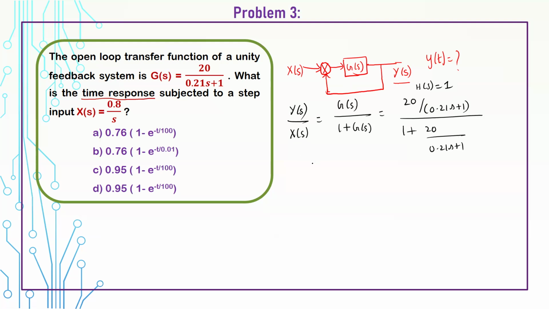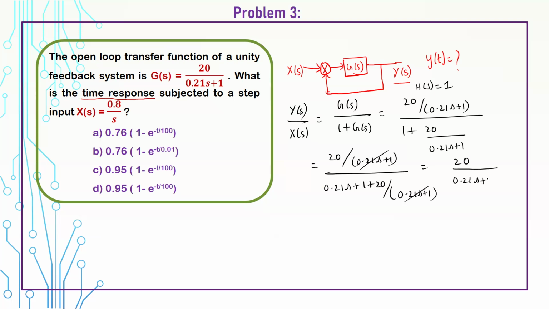By rearranging, 20 by 0.21 s plus 1, whole divided by 0.21 s plus 1 plus 20 by 0.21 s plus 1. So in the numerator and denominator, this whole term will get cancelled, and it can be simplified as 20 by 0.21 s plus 21.